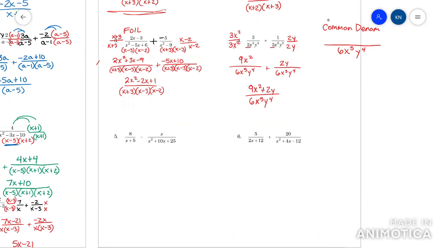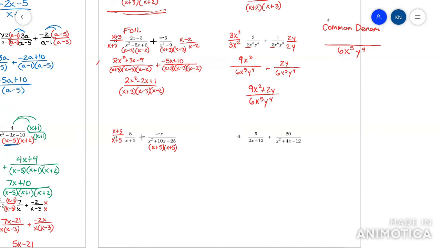Okay, these last two, I would approach them kind of the same way. The minus needs to get distributed first. Then I would factor the denominator over here because it's x plus 5, x plus 5. So x plus 5 squared is going to be my common denominator. So to make that happen, this fraction on the left needs x plus 5. The one on the right doesn't need anything.